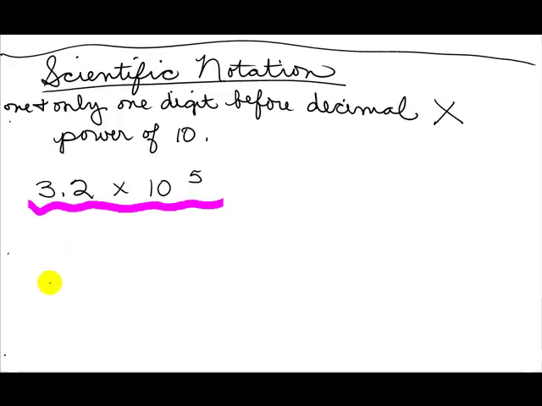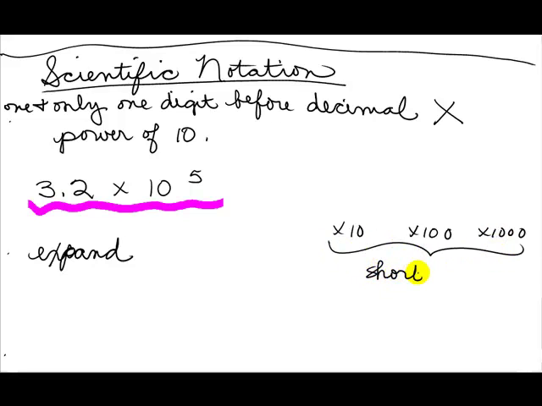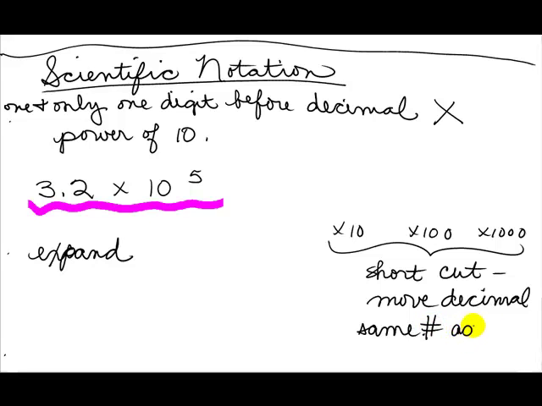If I want to expand that, then I'm multiplying, and if you think back to multiplying by 10, 100, 1,000, in the end, the shortcut is we just move the decimal the same number of places as the zeros.